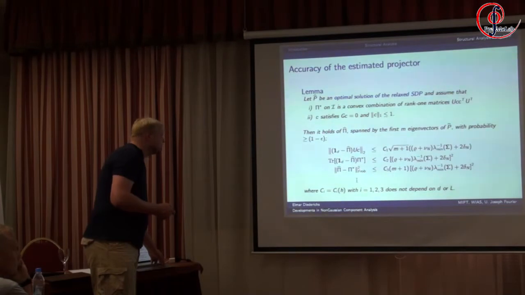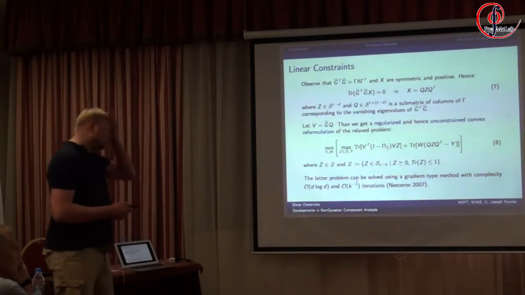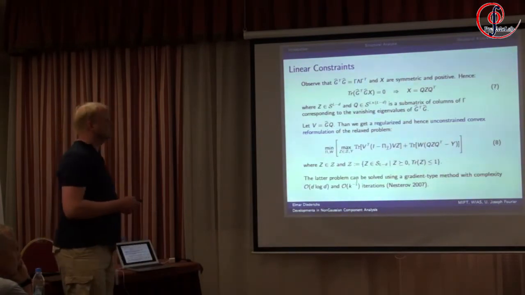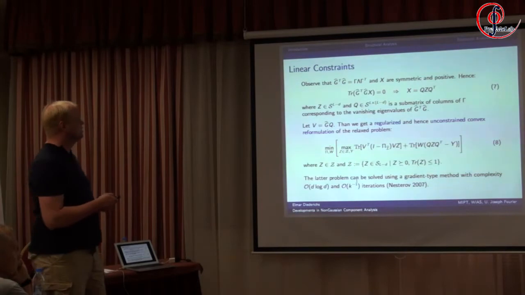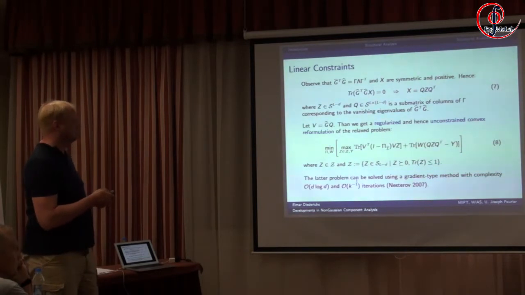So what does it mean in practice? In practice, we have to introduce our linear constraints into the formulation of the semi-definite problem using some eigenvalue decomposition or singular value decomposition.